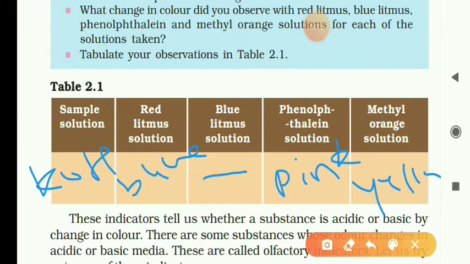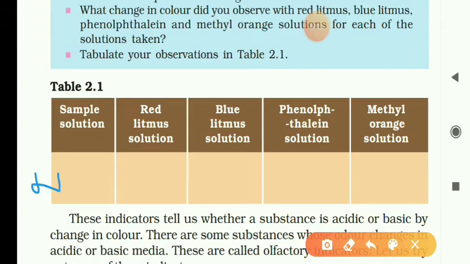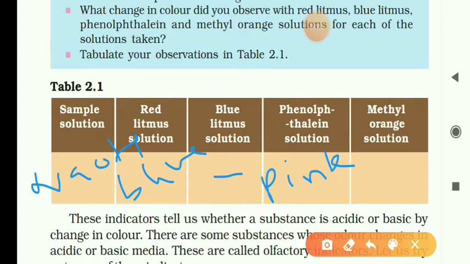I will take one more example of a base, sodium hydroxide, NaOH. This shows blue in red litmus, no change in blue litmus, pink in phenolphthalein, and yellow color in methyl orange.